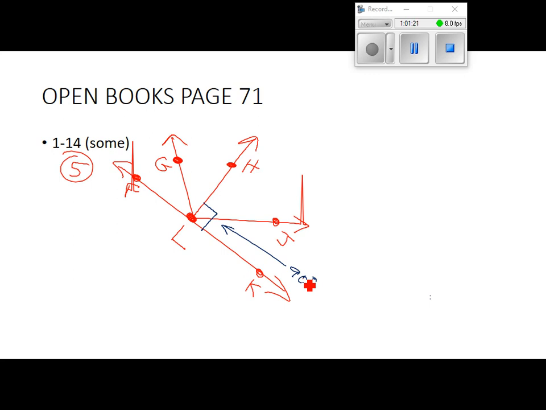They tell us in the figure, ray LF and ray LK are opposite rays. So LF, LK are opposite rays. So what do we know about this whole thing right here? 180, good.